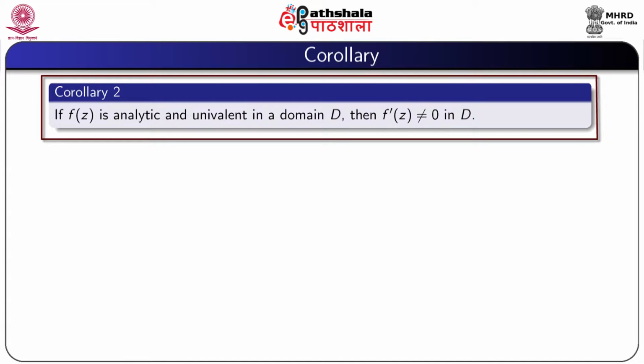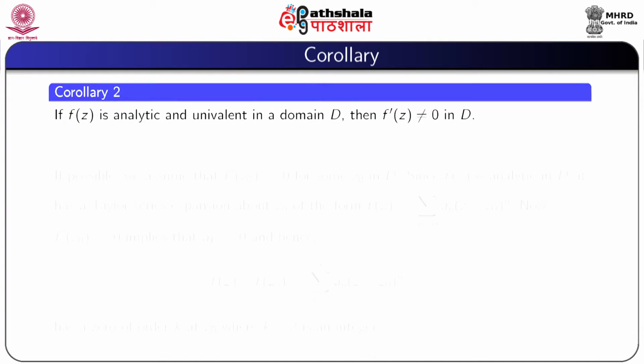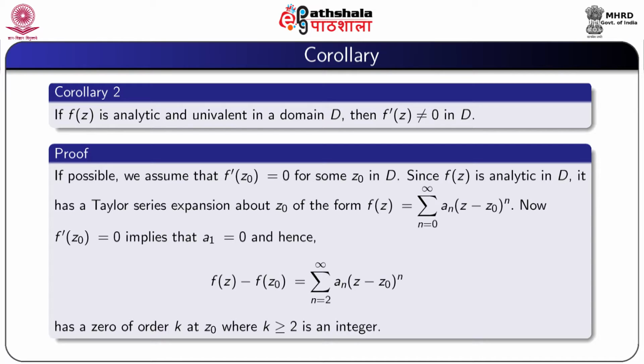So, another corollary: if f(z) is analytic and univalent in a domain D, then f dash z is not equal to 0 in D. Proof: if possible, we assume that f dash z0 equals 0 for some z0 belonging to D. Since f(z) is analytic in D, it has a Taylor series expansion about z0 of the form f(z) equal to summation n equal to 0 to infinity a_n (z minus z0) to the power n.